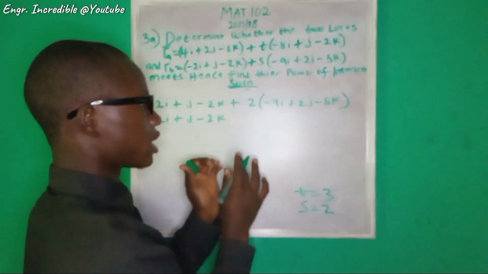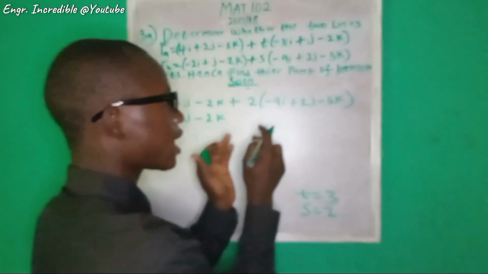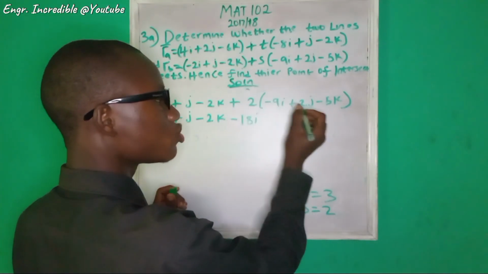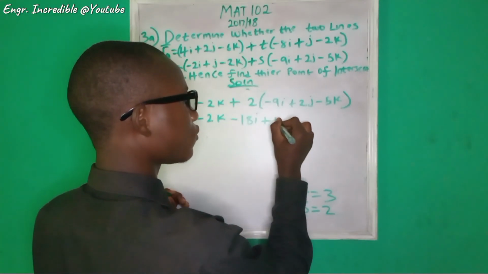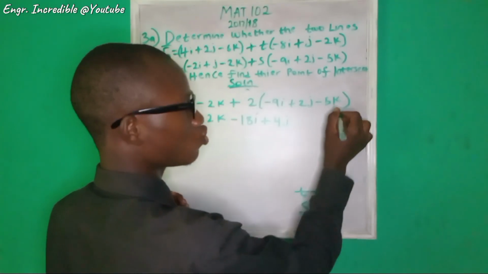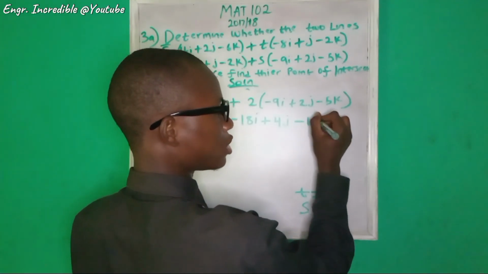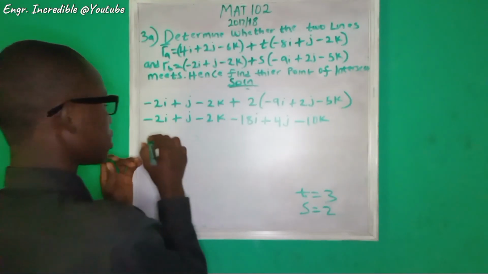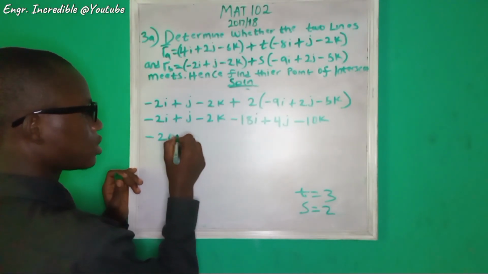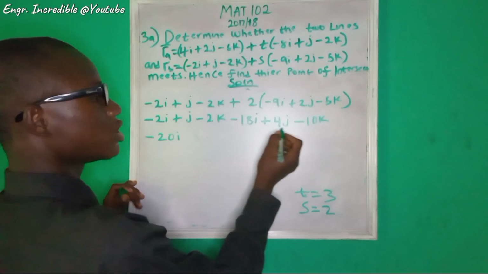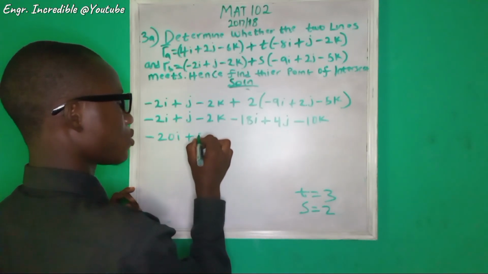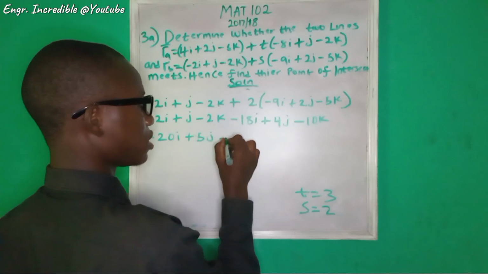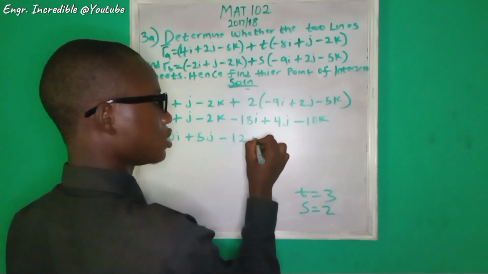We have 2 times minus 9i, that is minus 18i. Then 2 times 2j, that is plus 4j. Then 2 times minus 5k, I have minus 10k. So I just add them together, minus 2i minus 18i is minus 20i, then plus j plus 4j, that is plus 5j, minus 2k minus 10k, that is minus 12k.